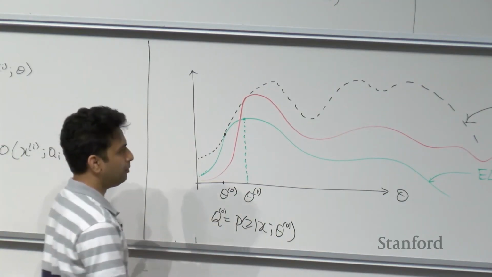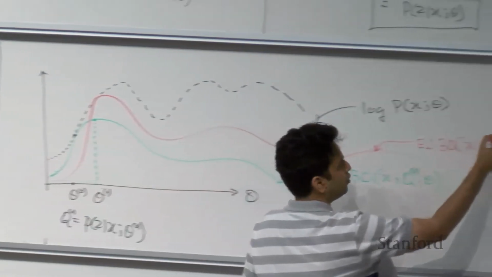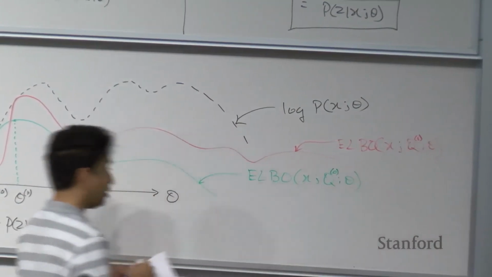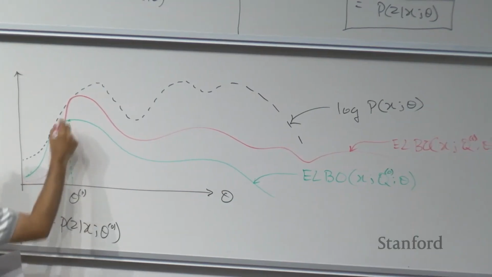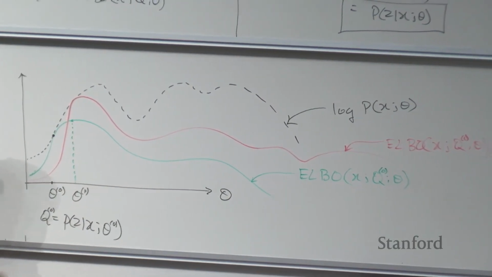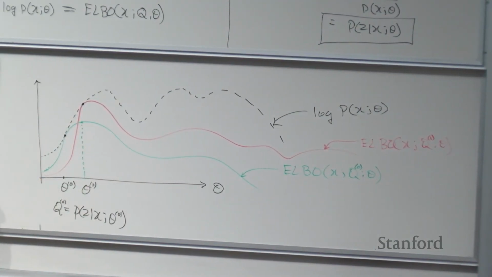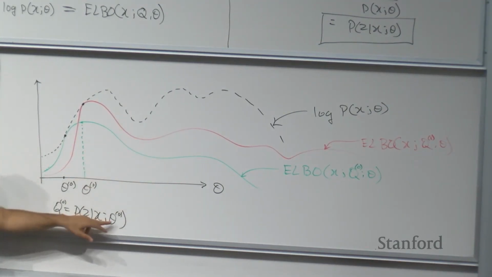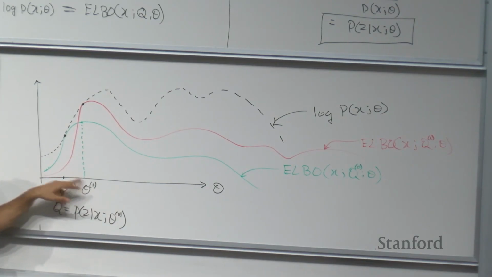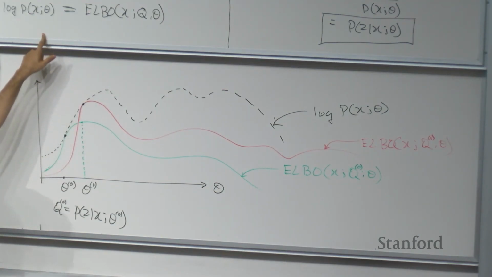The new ELBO will be constructed using q1, which uses theta 1, and this ELBO will be tight at log p of x at theta 1, right? Depending on the choice of q to be equal to the posterior using the corresponding theta value, the ELBO that we get will be tight, touching log p of x. That's what Jensen's inequality's corollary tells us.